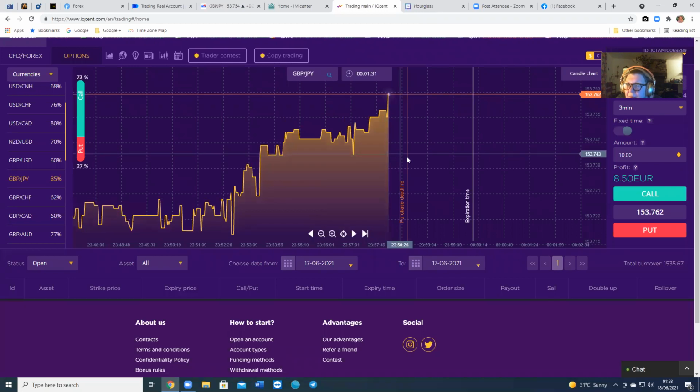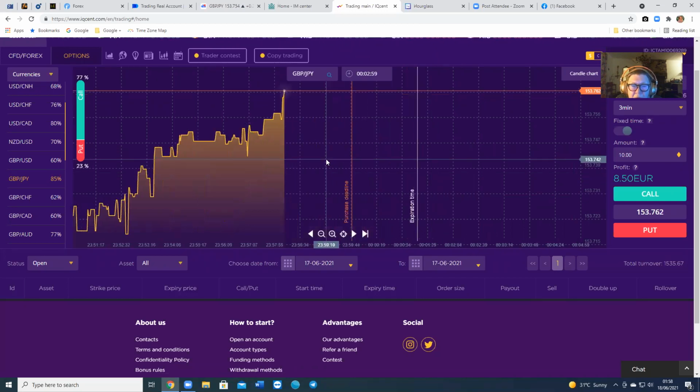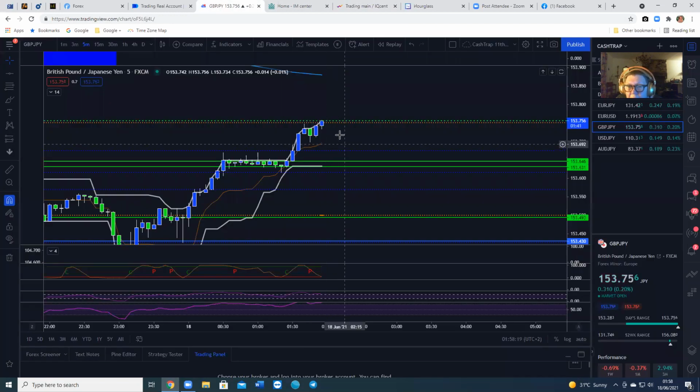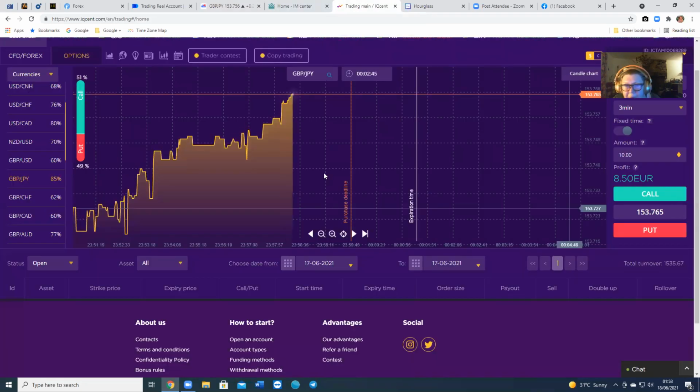And here it is at 762, so it's already moved up. Oh, it's quite a difference there, 5.6 to 7.2, 5.6 here on TradingView. It's 7.65. It's a difference of 9.